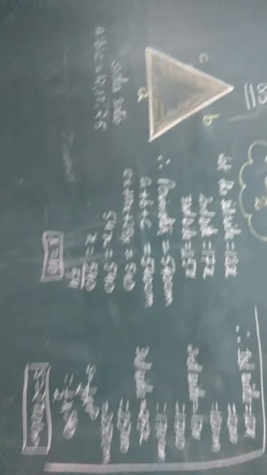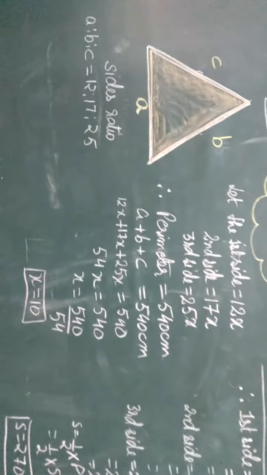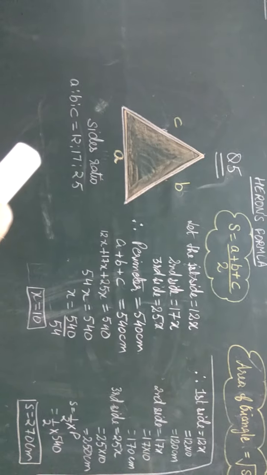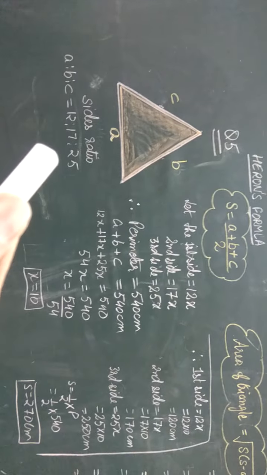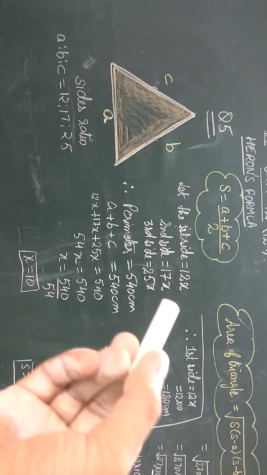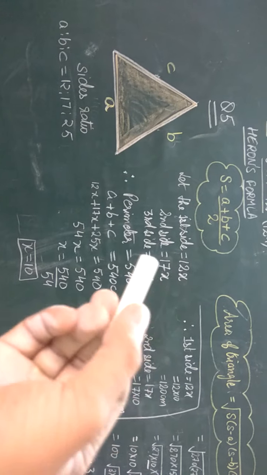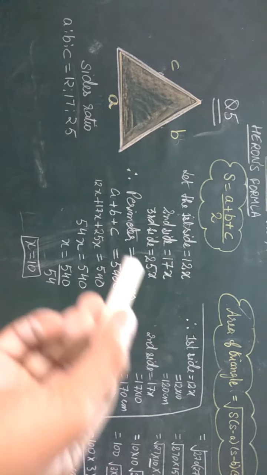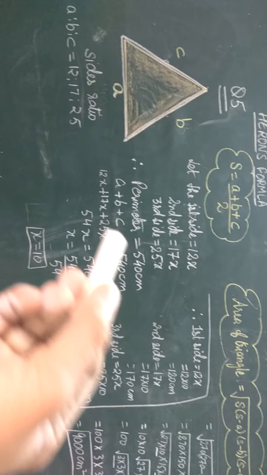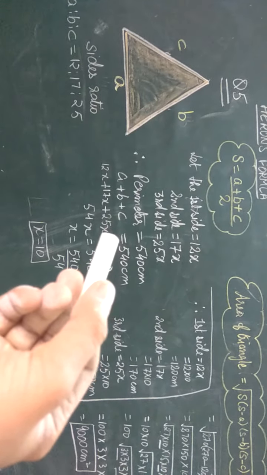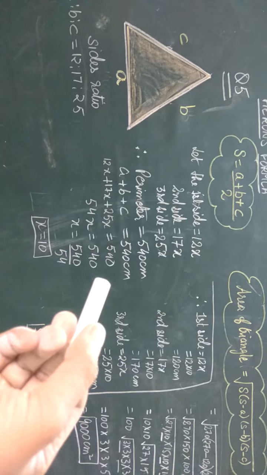So I hope students it is clear to you. First of all, let us quickly revise it. First of all, ratio is given to us. Whenever the sides ratio is given to you, always assume the sides in this way: let the first side be 12x, second side 17x, third side 25x. Then perimeter is given to you. So start from the perimeter, that is sum of all the three sides.